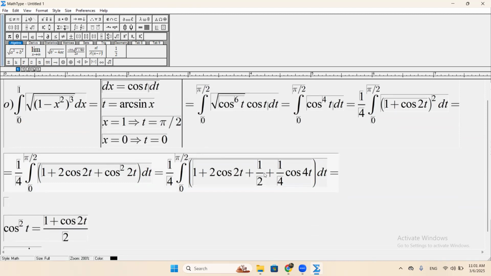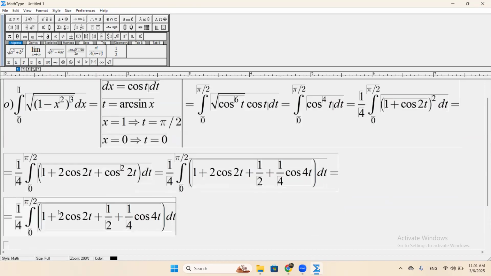Now we can integrate it. Let's add 1 and 1 over 2, so we have 3 over 2, and move it to the beginning.